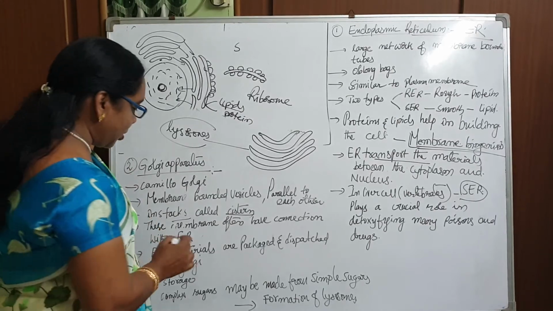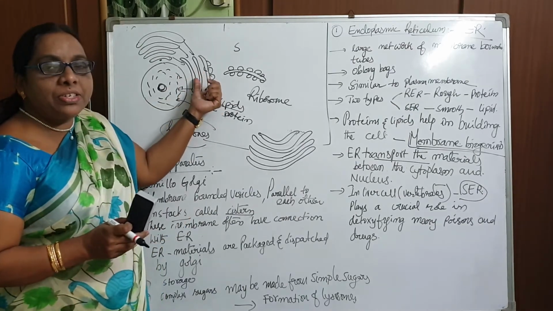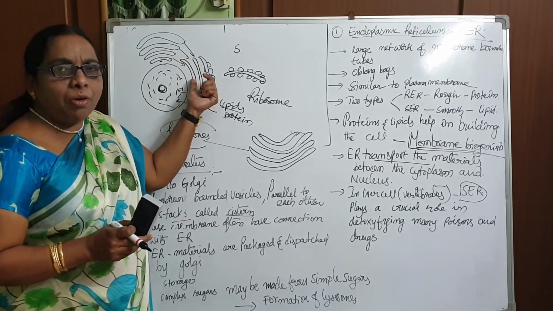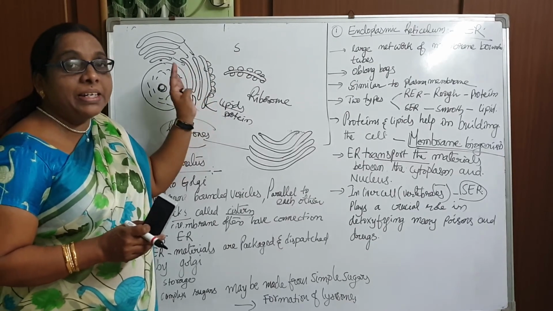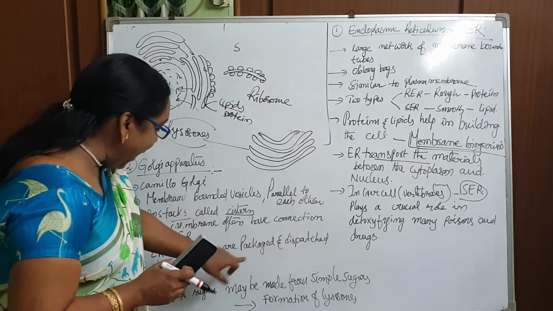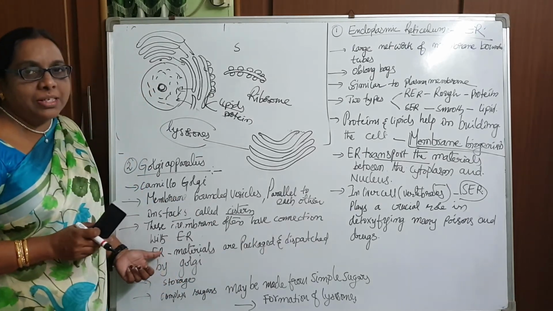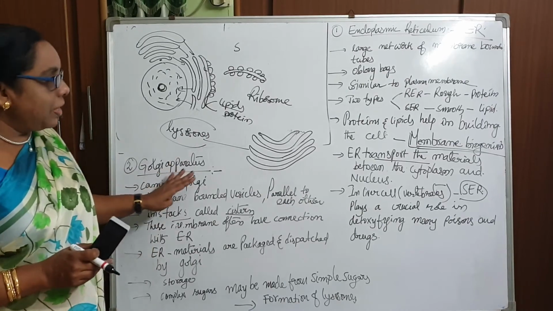Whatever material is manufactured in the endoplasmic reticulum, which I just said are lipids and proteins, will be dispatched and packed with the help of the Golgi apparatus. Is it clear, children? That's all for the Golgi apparatus.